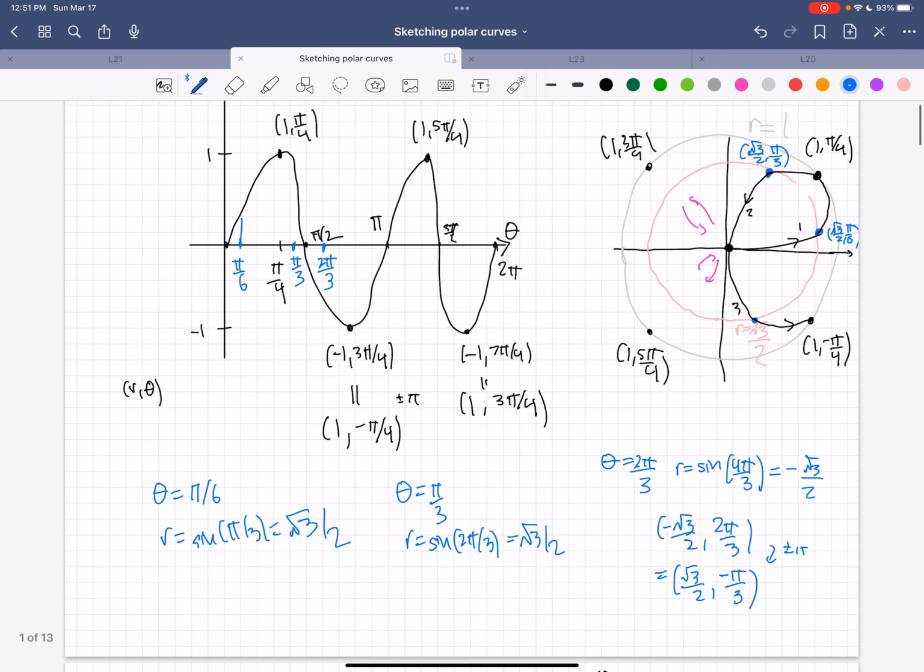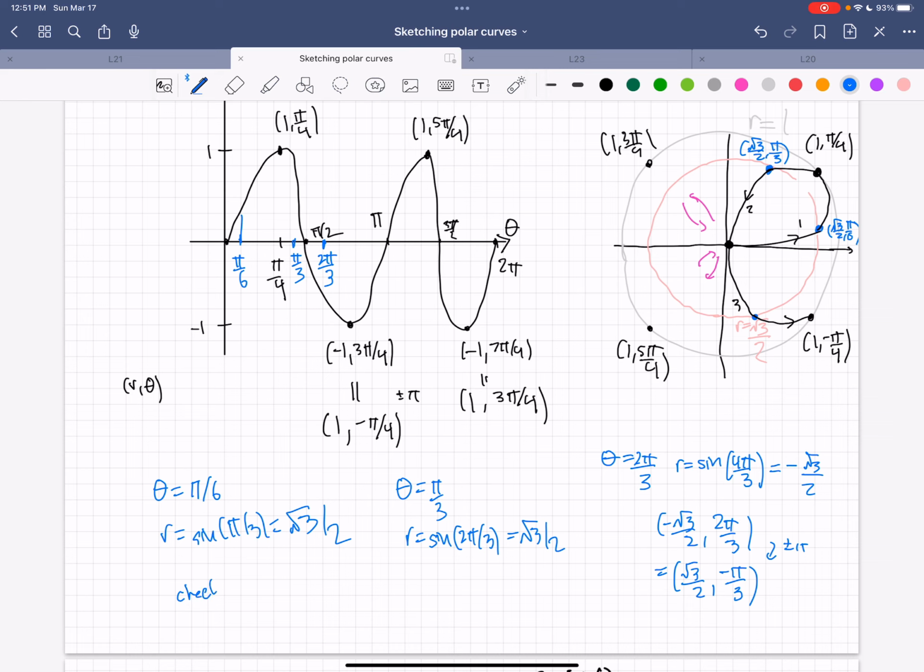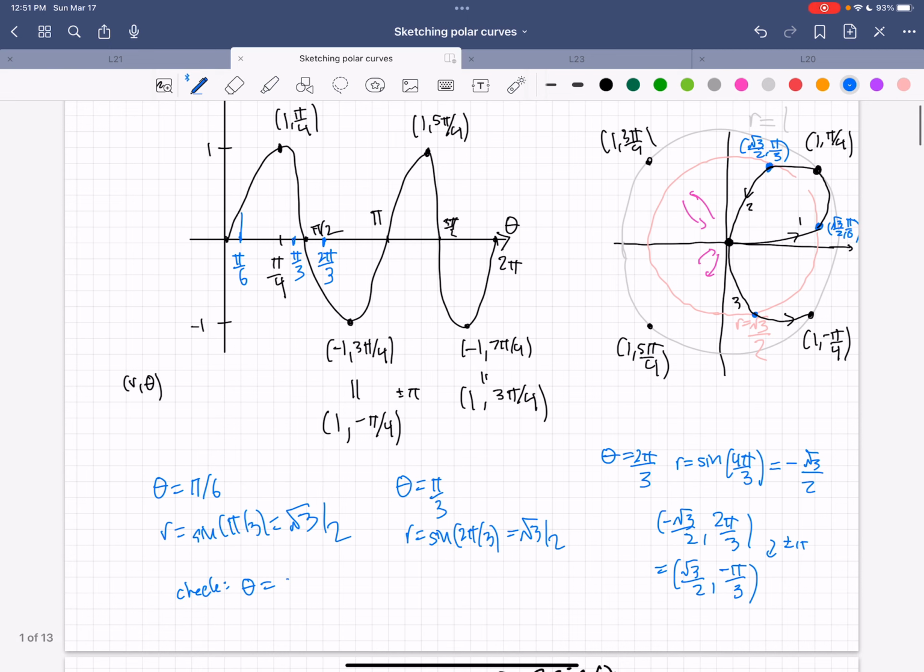So I guess if you want to complete this one fully, you can also check theta equals, okay, let's see, we've got 5 pi over 6 to look at, 7 pi over 6, okay, 8 pi over 6, which is 4 pi over 3, I've got to look at. 9 pi over 6, which is 3 pi over 2, we got that one.